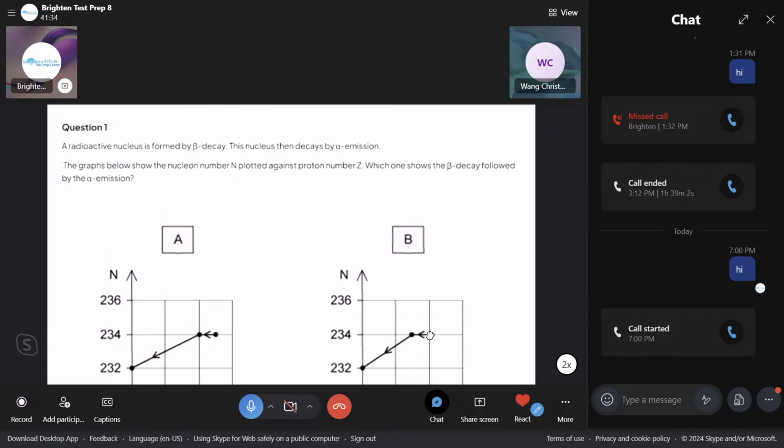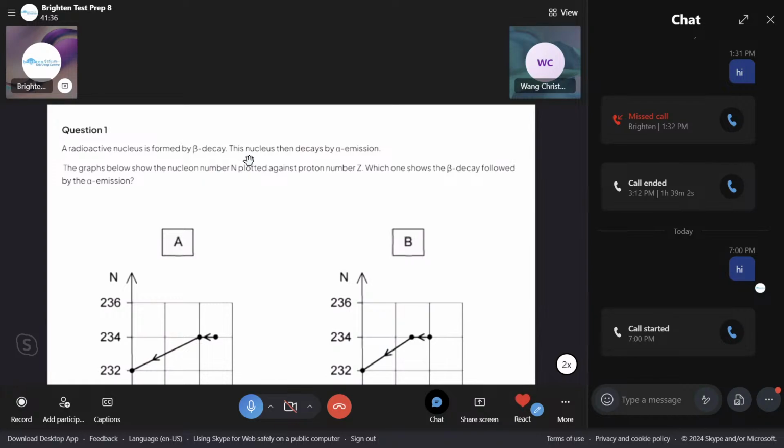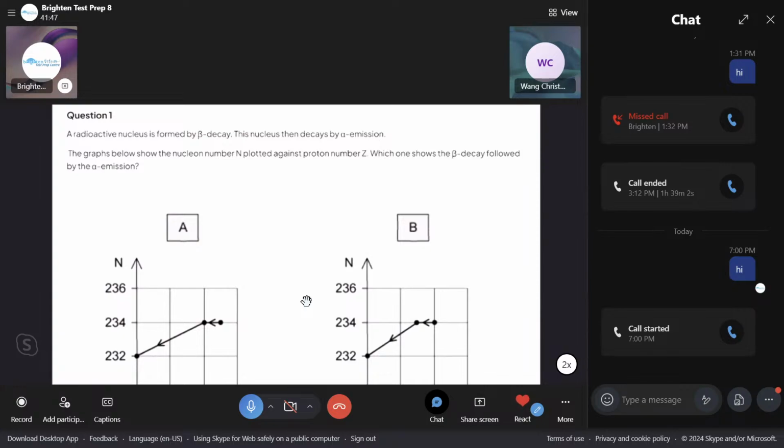And we have the alpha. So what is the beta decay? What happens when a beta decay happens, Chris? Increases in the proton number.